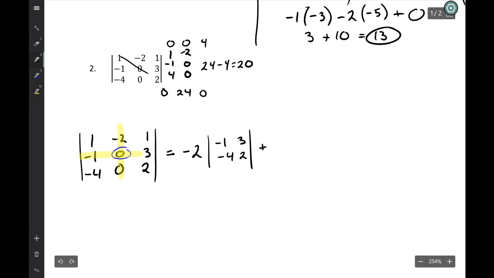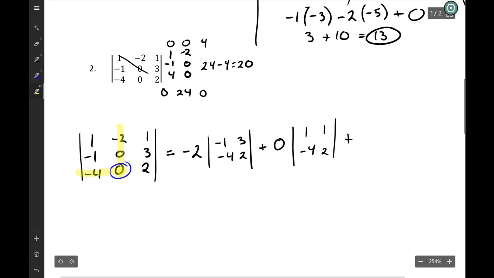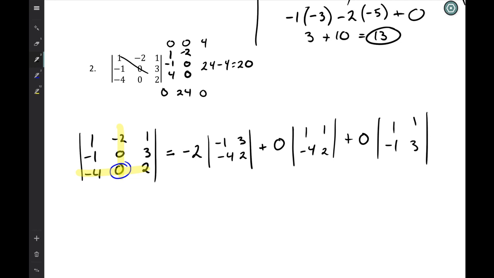So plus 0 times the determinant of 1, -4, 1, 2, plus, if I do the last one here, it's going to be 0 times the determinant of 1, -1, 1, 3. And those are just going to go away, which is really, really nice.